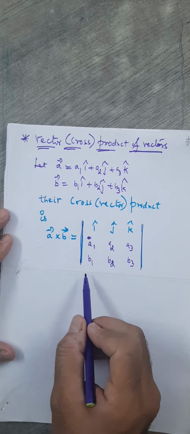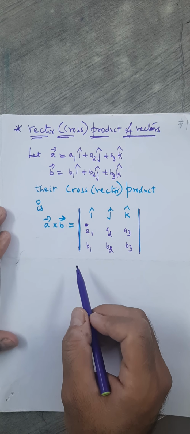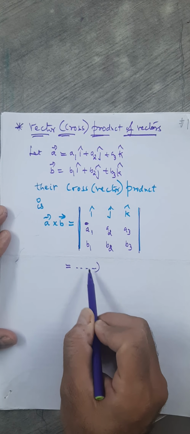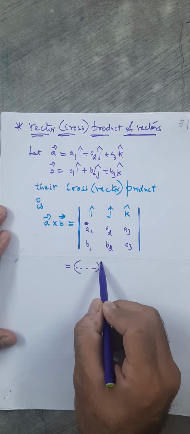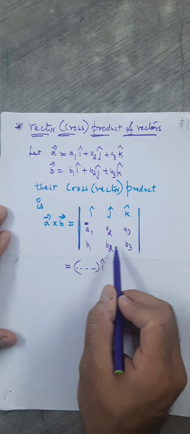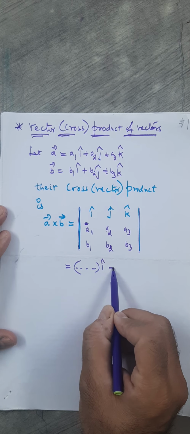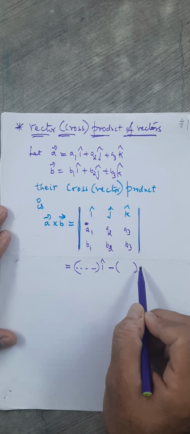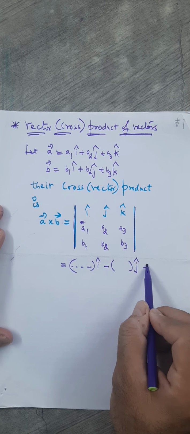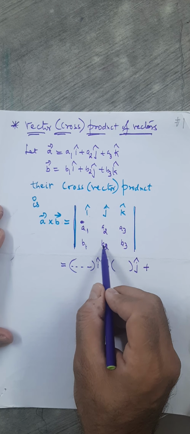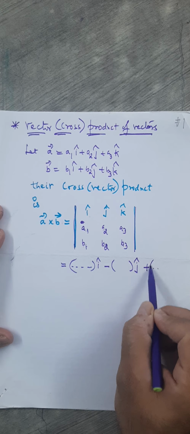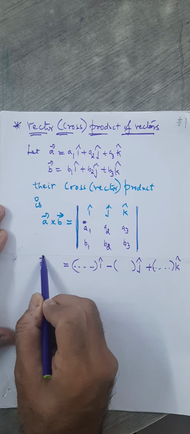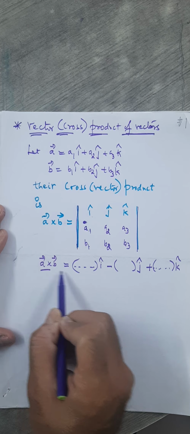If you expand this the way we did expansion of a determinant, your answer will be some expression into I cap. You know what this expression is? This into this minus this into this, minus this into this minus this into this into J cap, plus finally this into this minus this into this into K cap. So what is the cross product of two vectors?